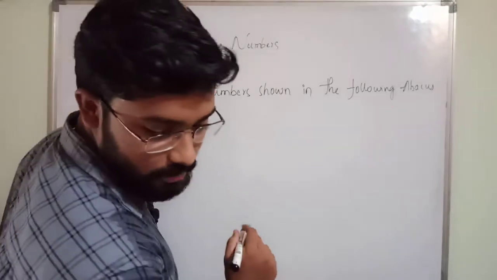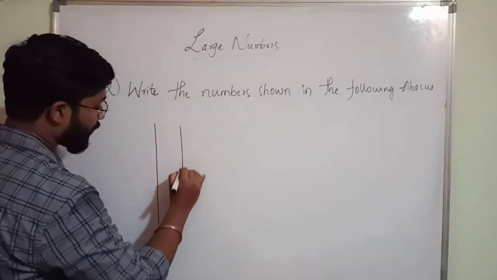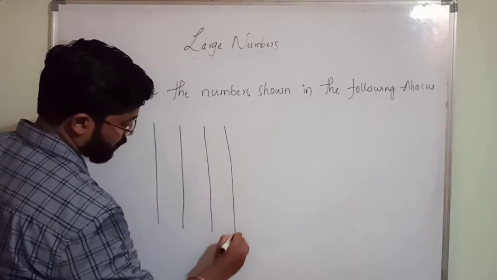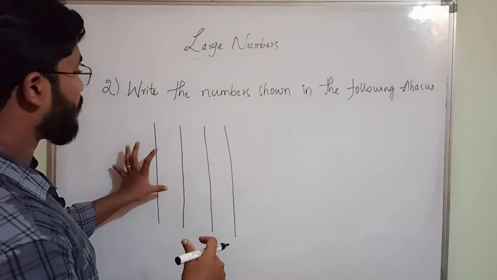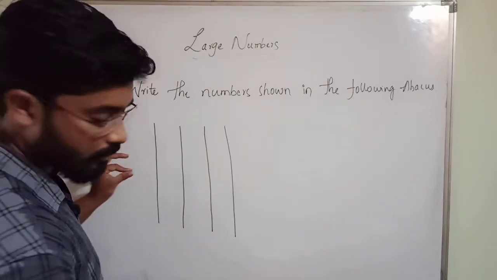What is there? First one is, they have given an abacus. What you have to do? By seeing the abacus, you have to say what number it is.